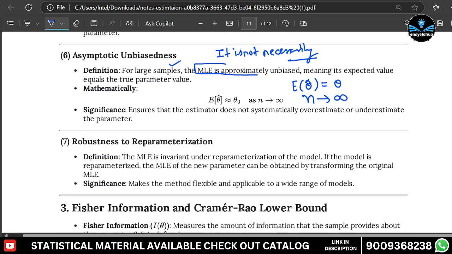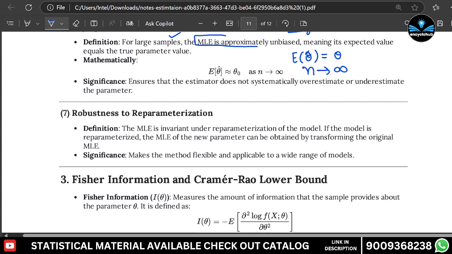And again, the next property is robustness to reparameterization. So the definition is: MLE is invariant under reparameterization of the model. If the model is reparameterized, the MLE of the new parameter can be obtained by transforming the original MLE. So this makes the method flexible and applicable to a wide range of models.